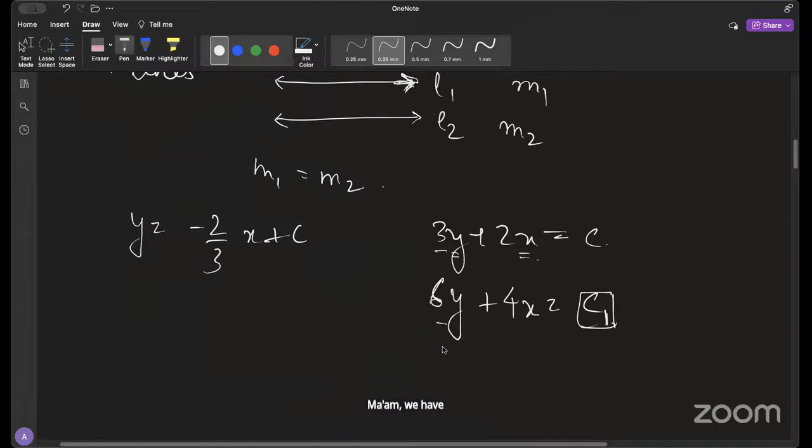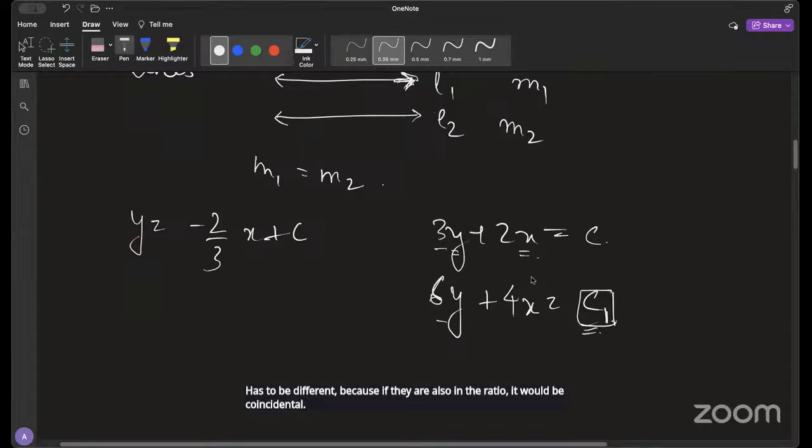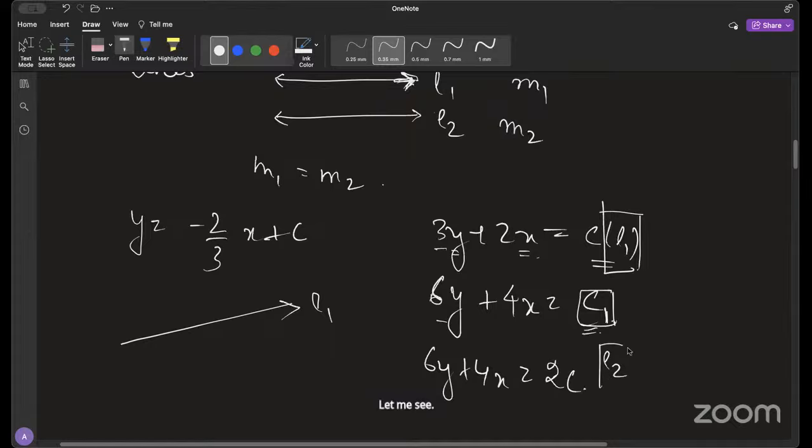Ma'am, we have to check the ratio of x and y, and the constant has to be different, because if they are also in the ratio, it would be coincidental. Yeah, then the two lines would be the same. That's what I'm saying. If you have this line L1, and then you take another line L2, 6y plus 4x equals 2c, then this line and this line are the same.